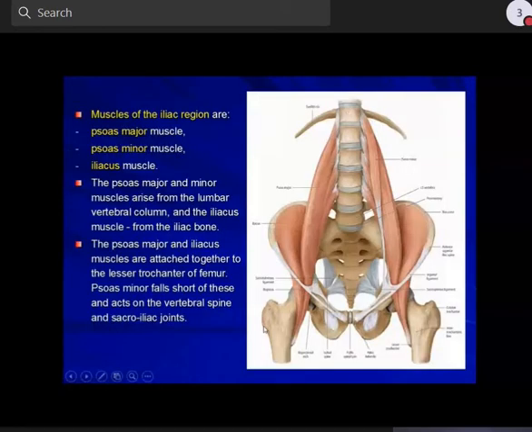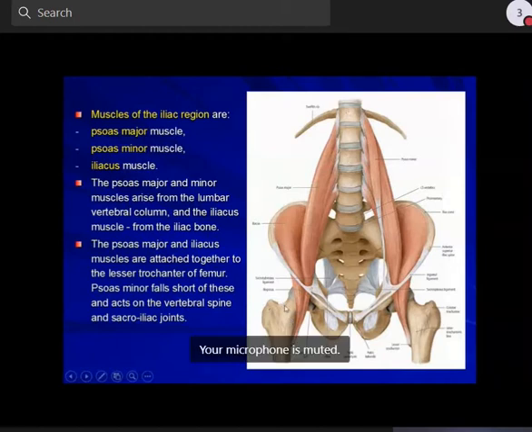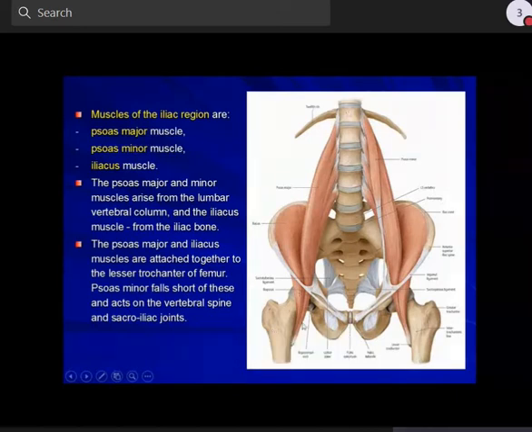This is especially conspicuous in patients with a fractured femoral neck, and in such supine patients, the whole lower limb below the neck is rotated laterally. Apart from this, it adducts the thigh. So it's responsible for adduction of the hip joint.